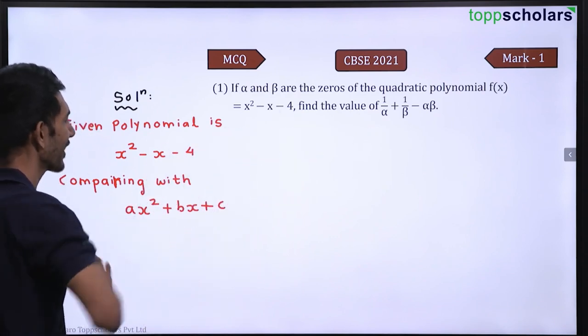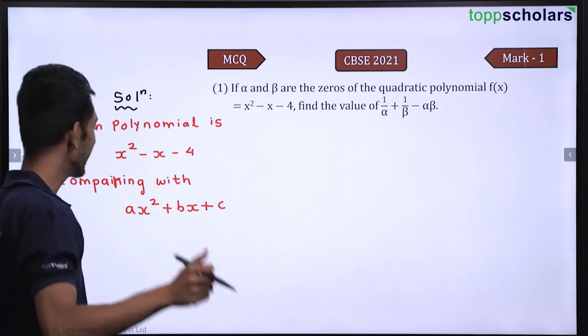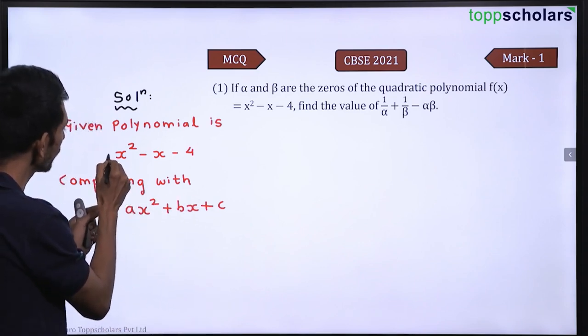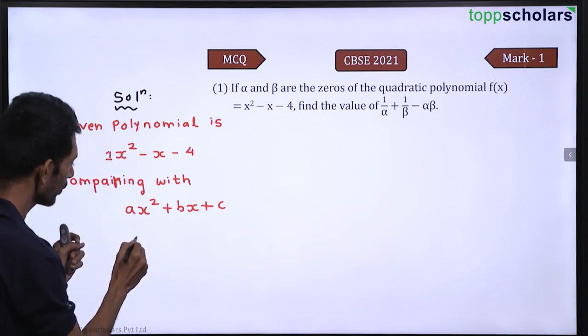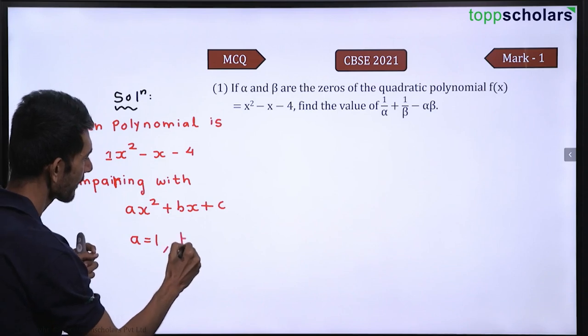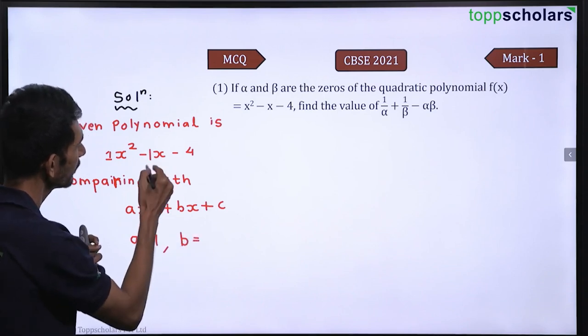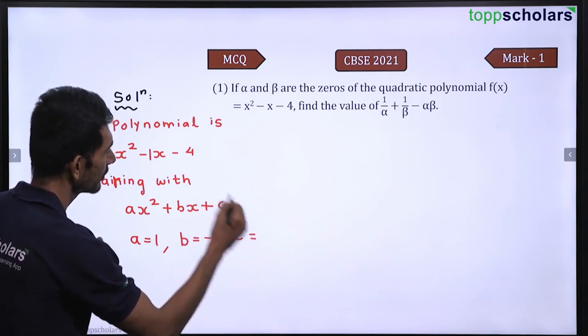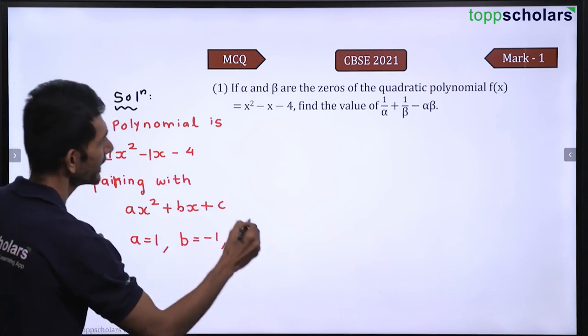But let's try to solve this without the options and we'll see the options at the end. So ax square plus bx plus c. Can I say a is 1 here? So a is 1. Can I say b is minus 1? And c is how much? C is minus 4, right?